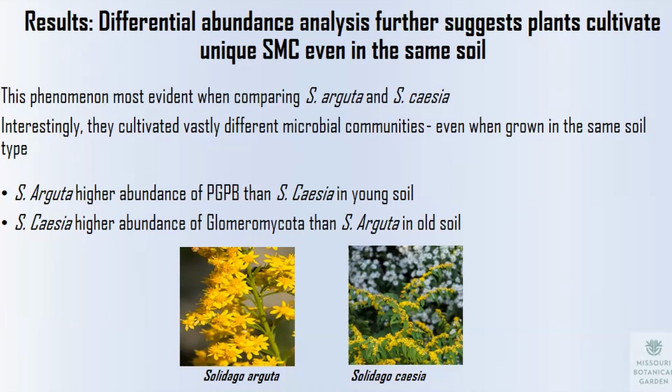So Solidago arguta had a really high abundance of these plant growth promoting bacteria in young soil, much more so than Assasia. And Assasia had a really high abundance of Glomeromycota fungi in old soil, while Solidago arguta did not. So we're seeing that these plants, which we typically would consider to be highly similar, are creating completely different microbiomes.